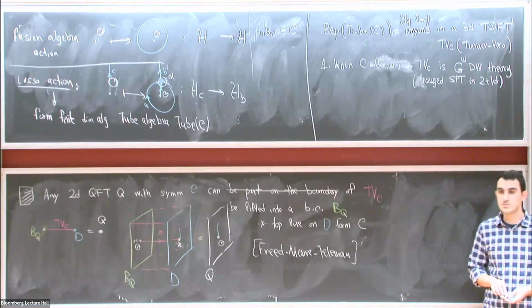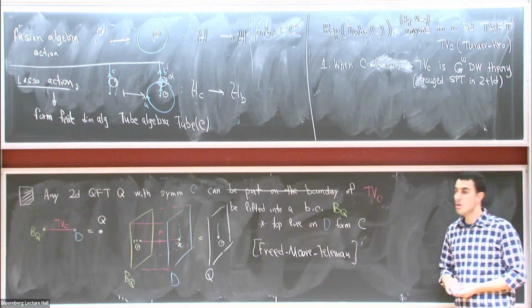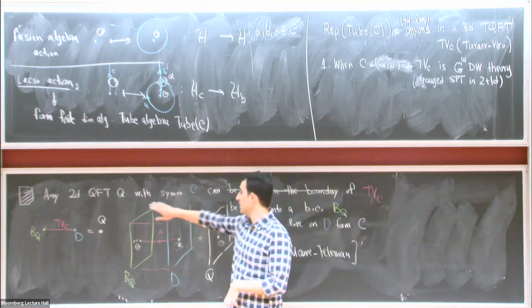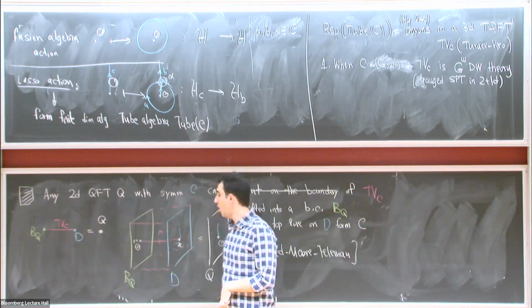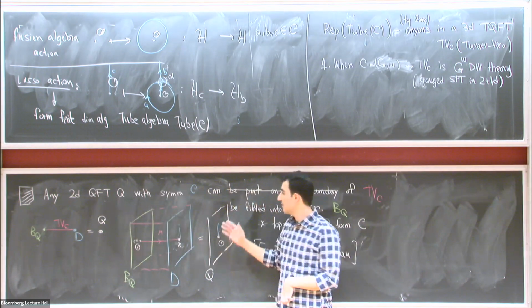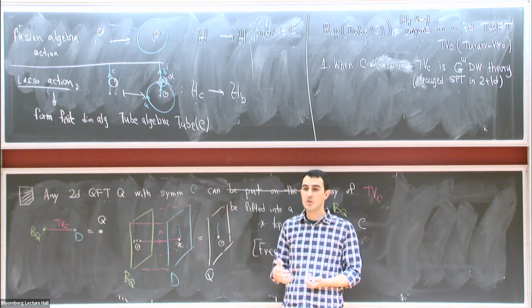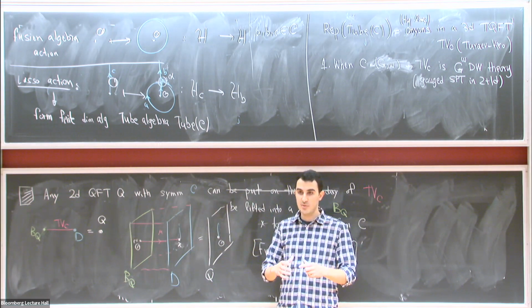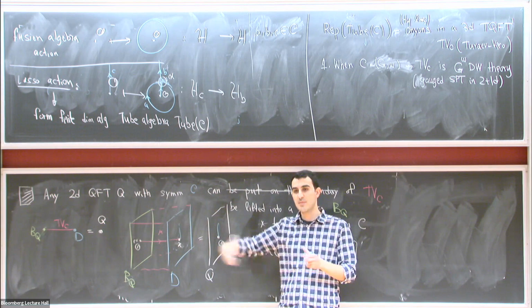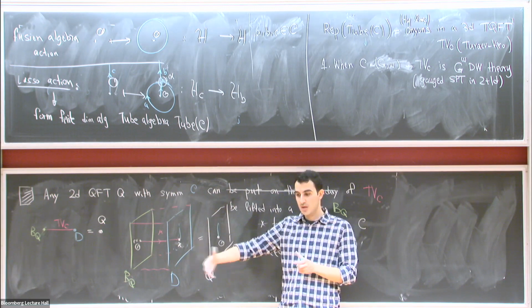Are there any qualifiers to your statement? It seems a bit too strong. Any 2D TQFT? This one? Yes. We have a proof for it, but as I said, for the invertible case, the proof goes as follows. You do the anomaly matching. You take your QFT with anomaly omega, and it's on the boundary of some SPT.